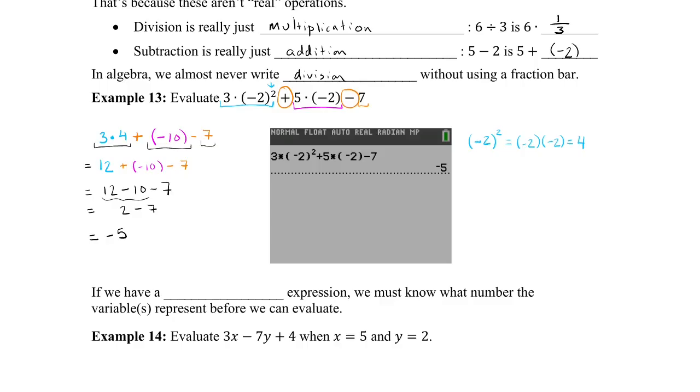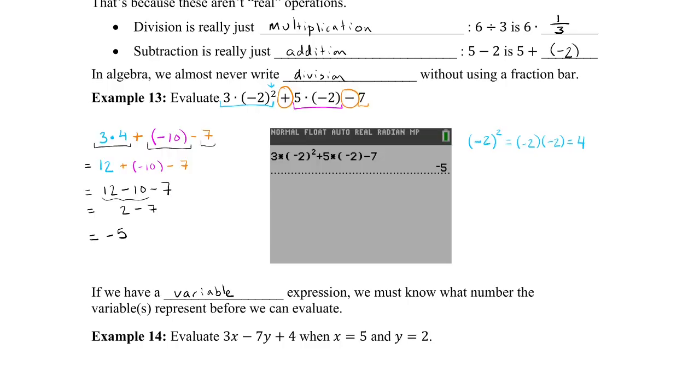In order to evaluate an arithmetic expression, all we need to do is follow the order of operations. However, if we have a variable expression, we also need to know what numbers the variables represent. So, for example, if we want to evaluate the expression 3x minus 7y plus 4, well, we need to know what x represents and what y represents.